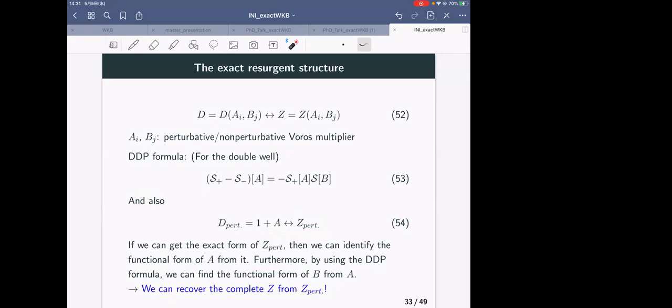And we already know the symbolic form of the partition function, I mean, in terms of the Borel multiplier. Therefore, we can recover the complete partition function from only the perturbative part. Indeed, we can recover the non-perturbative contribution exactly from the perturbative information.